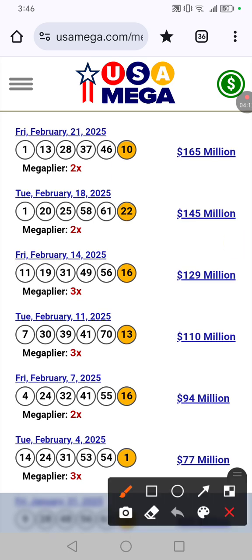Okay, let's come here. See here, they played 19, and the jackpot for that draw was $129 million. The first number and the last number is 1 and 9, which makes 19. They played 19. On the next draw, the jackpot was 145, and the first number and the last number, the third number, makes 15.